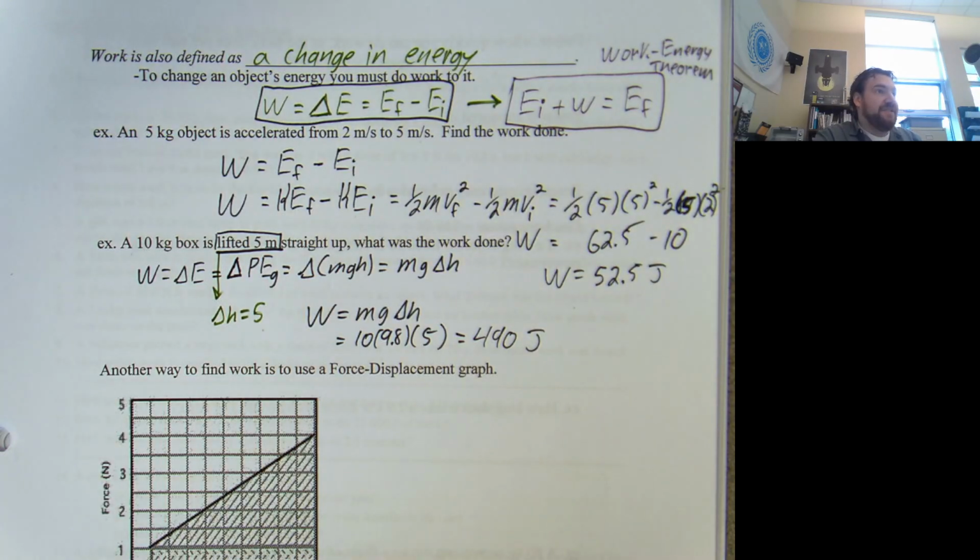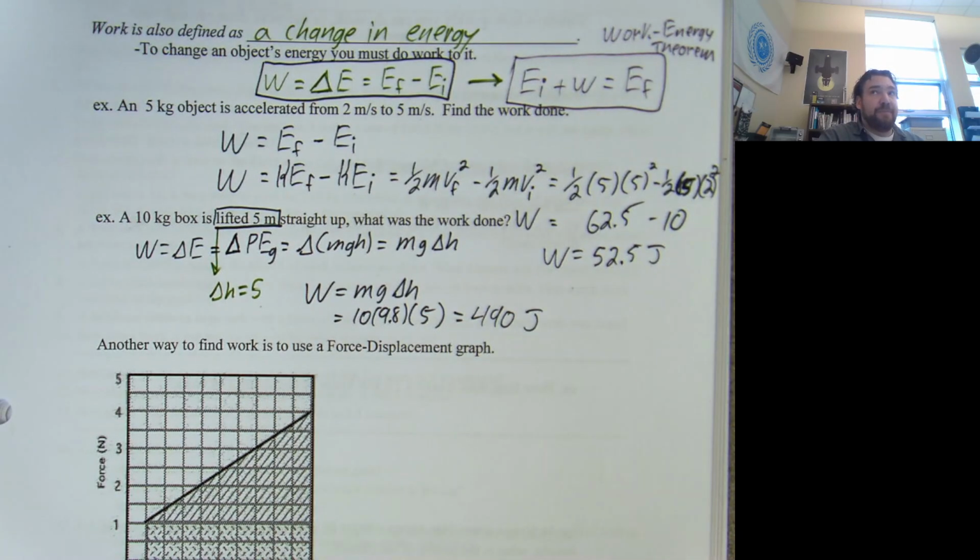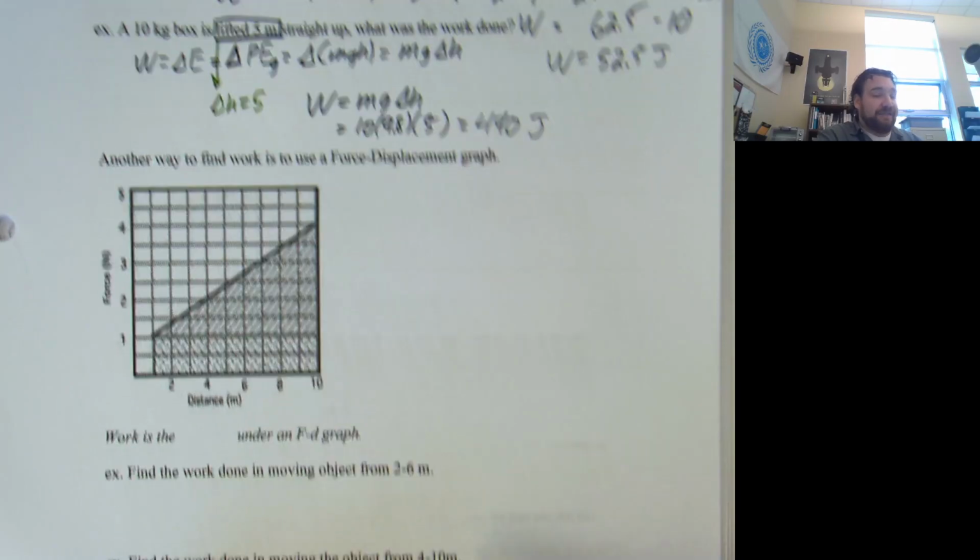But when you have a scenario where the force changes as you act, like a spring, for example, as you extend a spring, the more you extend it, the harder it gets to continue extending it. Or if you wanted to compress a spring, the more you compress it, the harder it gets to compress. When we analyze those kinds of scenarios where the forces are variable or the forces are changing, we actually have to do it graphically.